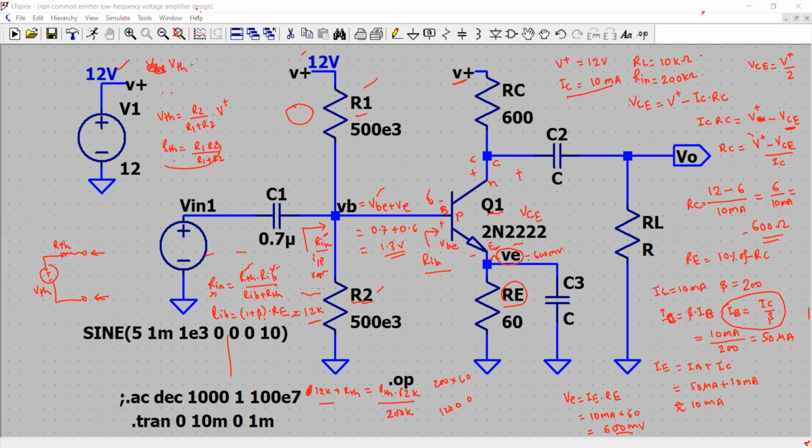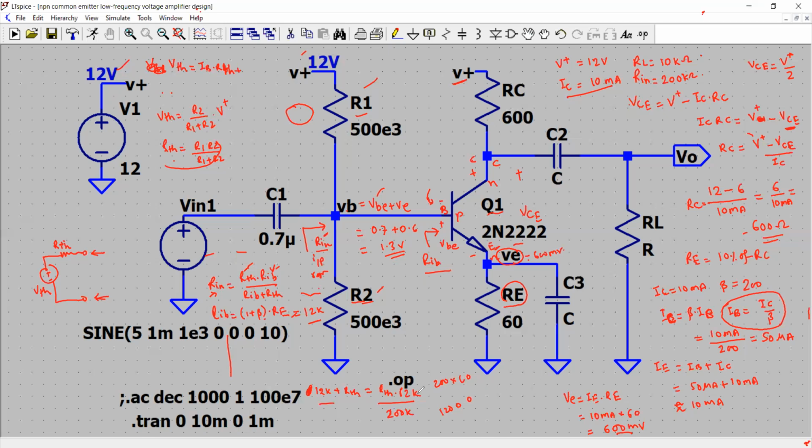Actually, VTH is also given as IB times RTH, not RB, RTH, plus VB, and your VB is the voltage that we calculated initially.